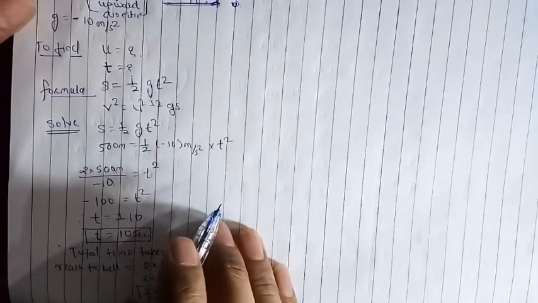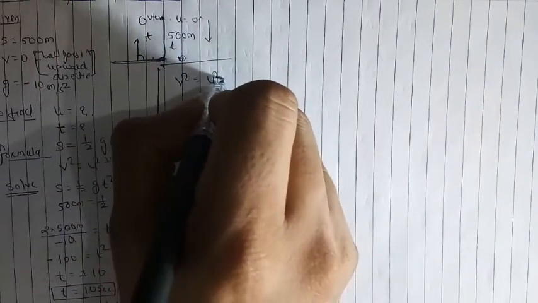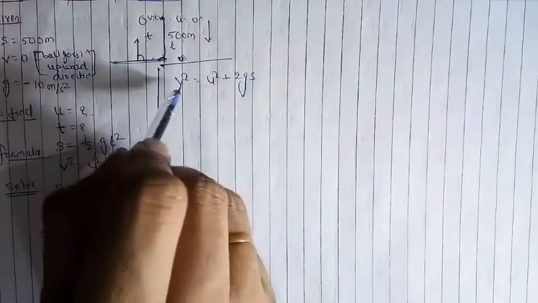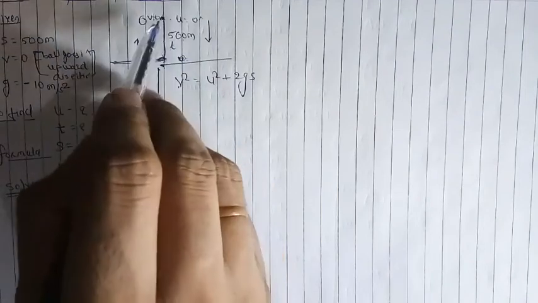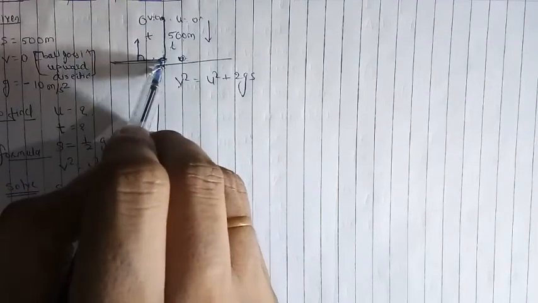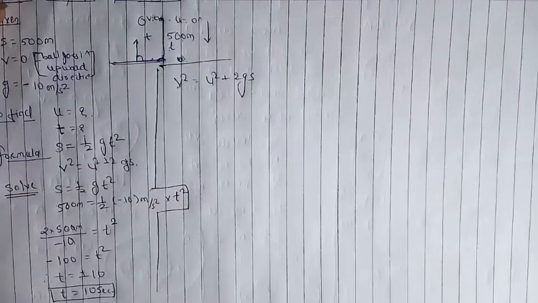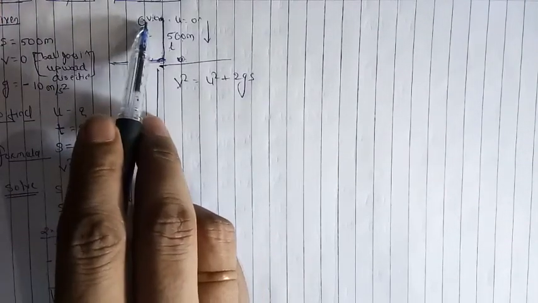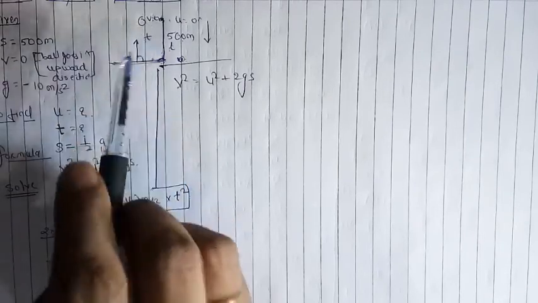Now we have to calculate the initial velocity of the object. So we apply the formula v square equals to u square plus 2gs. When the ball comes down from here to here, v is the final velocity, which is 0.